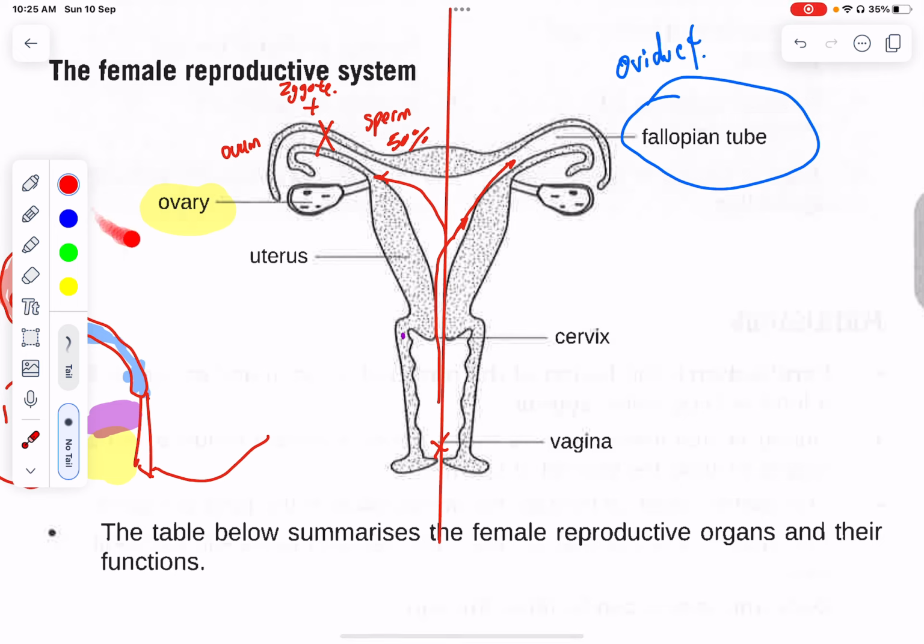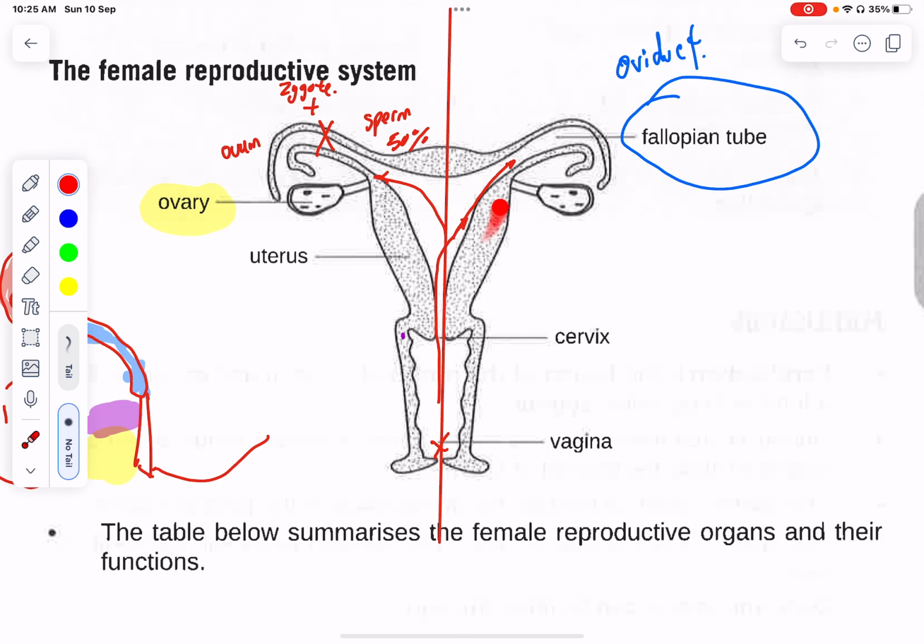So you have two ovaries, and what will help transport the ovum, which is the female sex cell, to the uterus for fertilization is the fallopian tube. Another word for it in some textbooks is the oviduct.